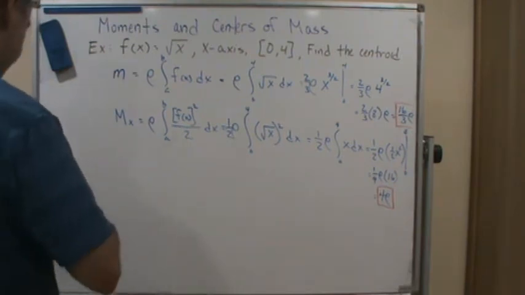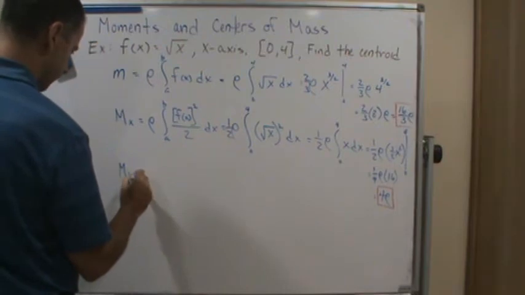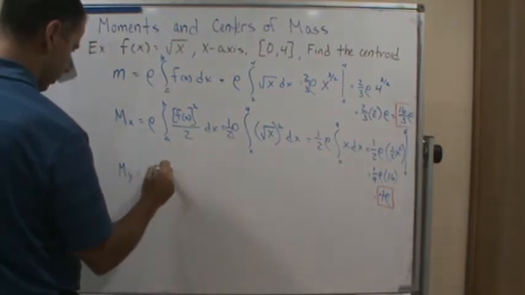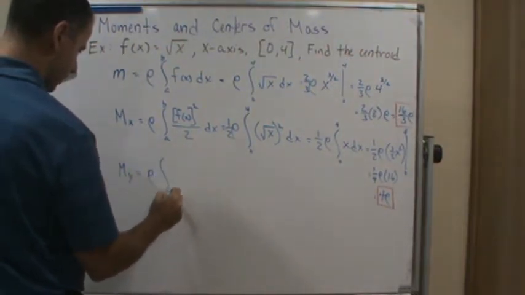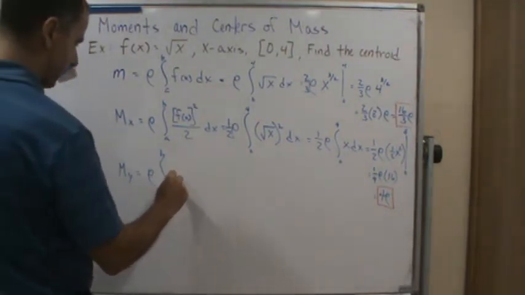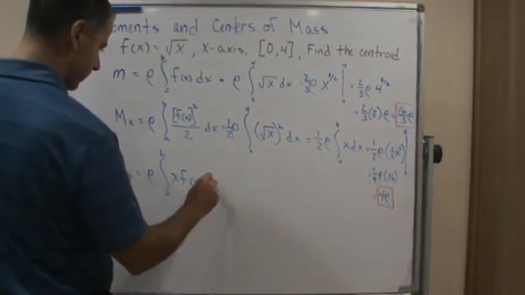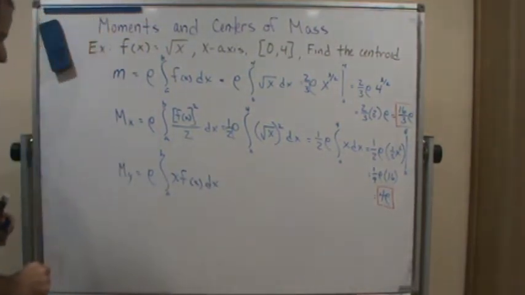So now let's find m sub y. So that's going to be rho times the integral from a to b, and this time it's just going to be x times f of x dx.